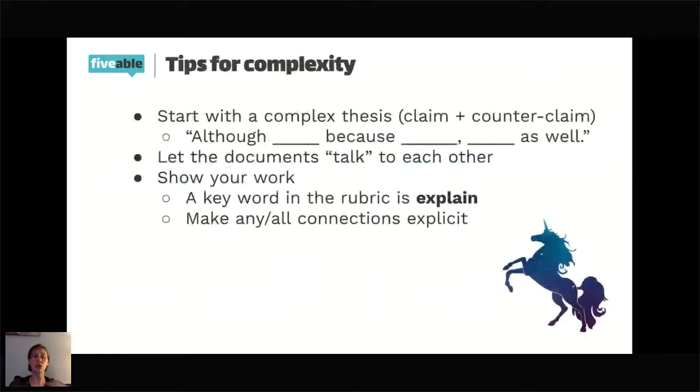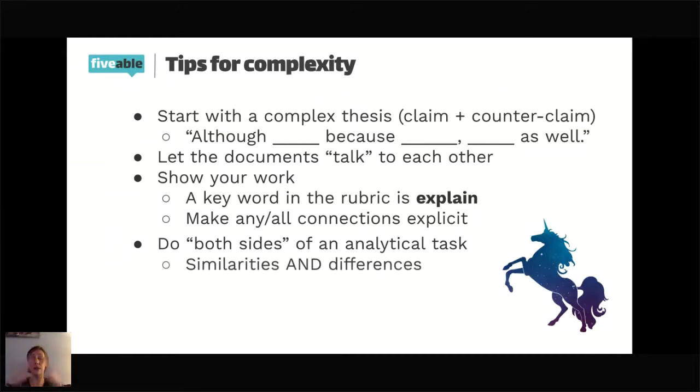So in addition to a complex thesis, documents that talk to each other, and showing your work, one of the other tips that I like to give in terms of building complexity is to do what I call both sides of the analytical task. So this means if you are writing a comparative essay, and this holds true for both the document-based question and the long essay question, you should, somewhere in the essay, acknowledge similarities and differences.